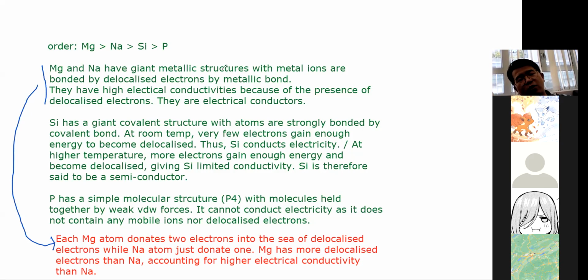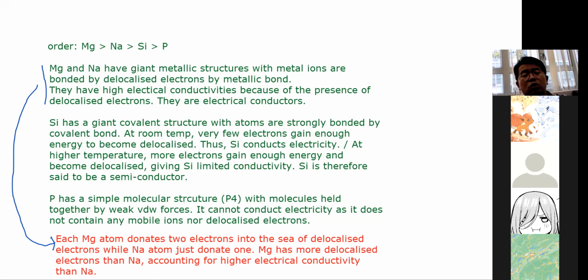For those, just like magnesium and sodium, you are going to compare on the same graph per atom: how many atoms will be donated to form the delocalized electrons? Do you understand? Do you find the scope? From big to small, right? Sodium, magnesium, the delocalized electrons.